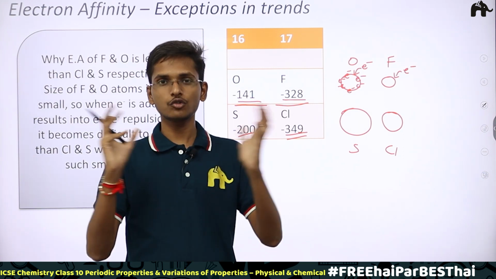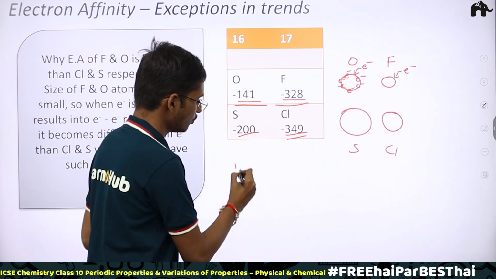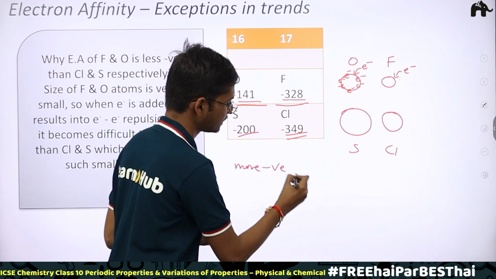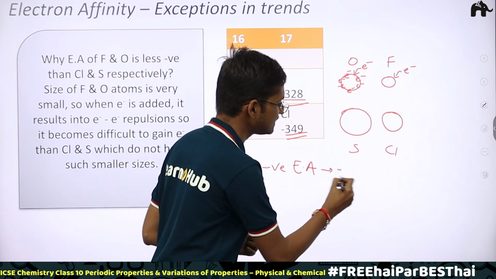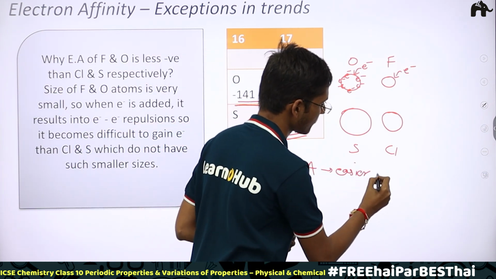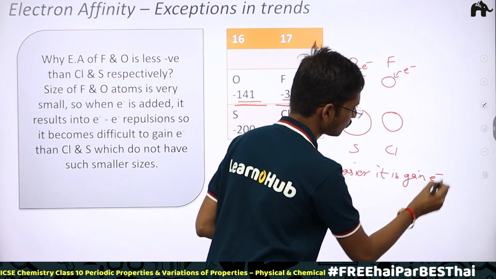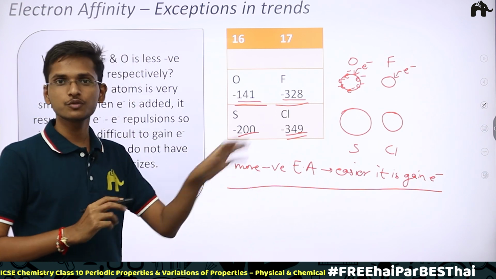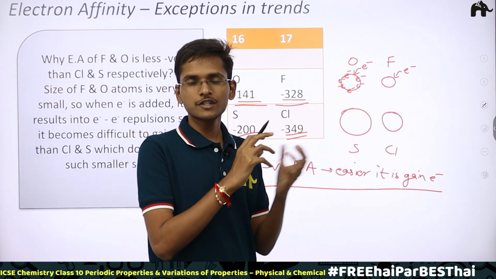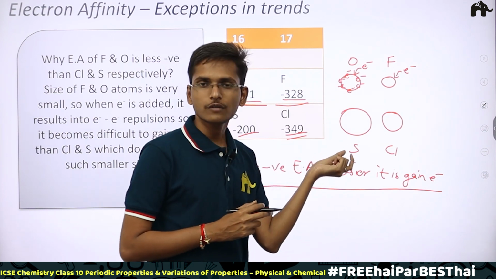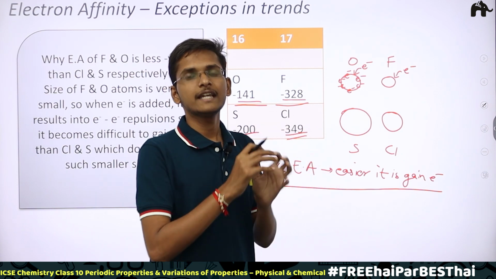Now, we have learned a concept that the more negative the electron affinity value, the easier it is to gain an electron, and I told you to remember this concept because we are going to use it. So now you can clearly make out which of oxygen and sulfur could easily gain the electron.